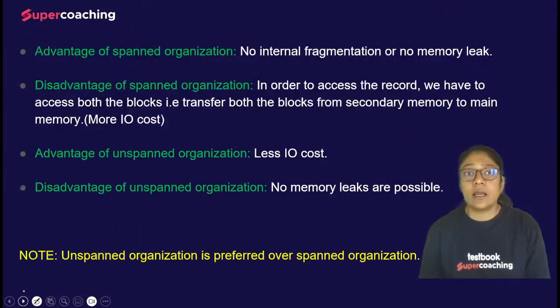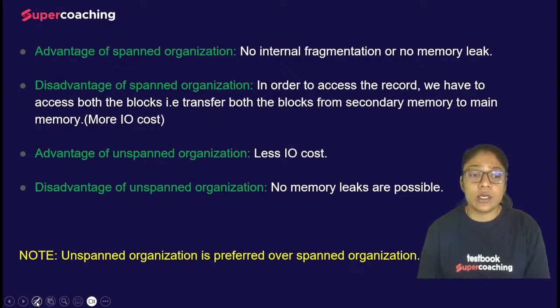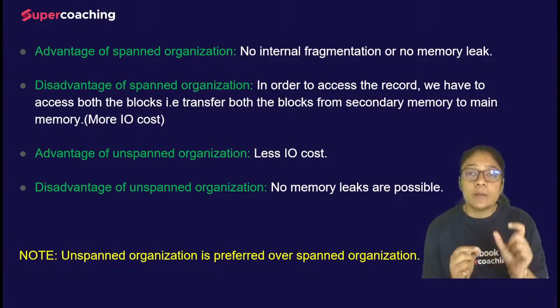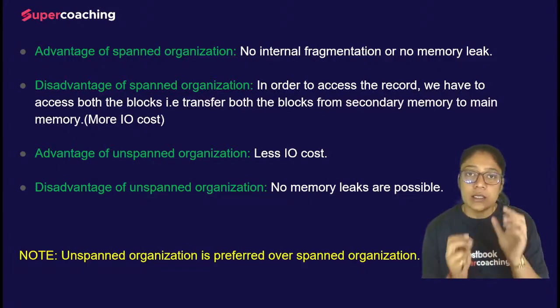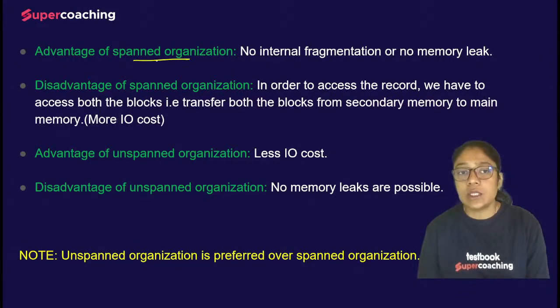If we look at the advantages and disadvantages of spanned and unspanned organization: the advantage of spanned organization is that there is no fragmentation and no memory leak. No space is left empty; whatever space is available, some part of the record is getting stored there. So it targets saving the space, so there is no internal fragmentation.